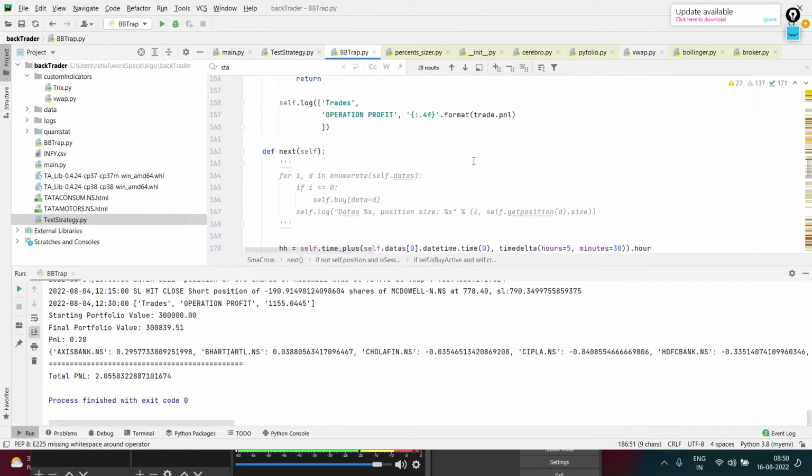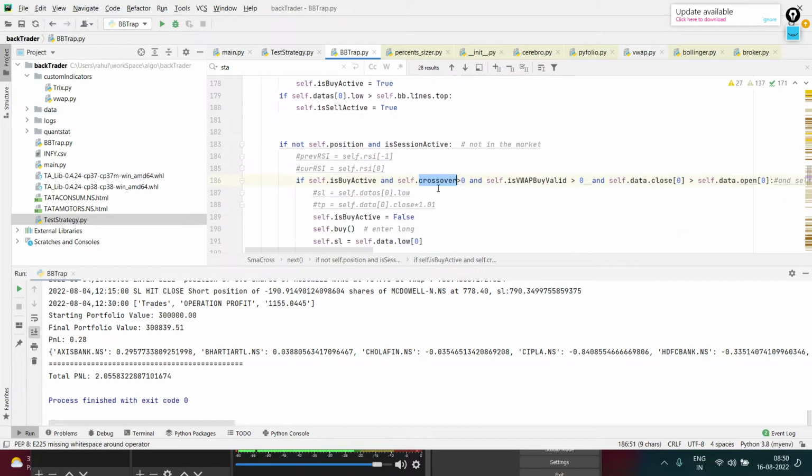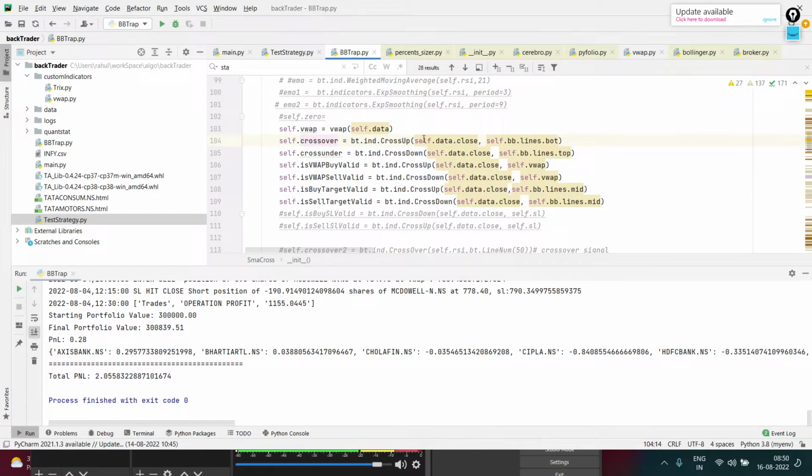This checks whether the data has come inside the Bollinger Band or not, and whether VWAP buy is valid, like the data has crossed VWAP or not. So these two are the conditions for the buy. Similarly, for the sell, there's a cross under: the data has come inside the Bollinger Band, and the data has closed below VWAP.